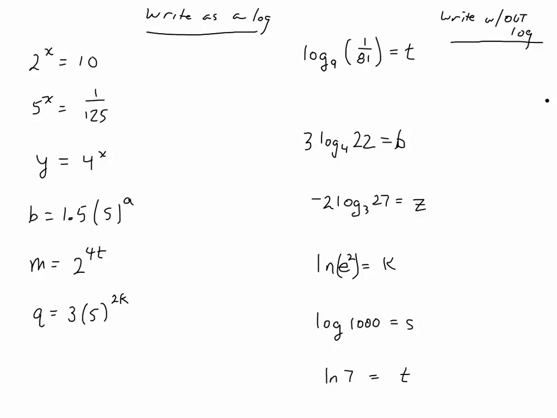Okay, so these first ones, we want to describe the exponent and write it as a log. So Corey, first one, what's the exponent? Can you describe the exponent in question here? X is the exponent of 2 that gives you 10. Right, it's the exponent of 2 that gives you 10. So how can I rewrite x then? If it's the exponent of 2 that gives 10, we have a way to write that.